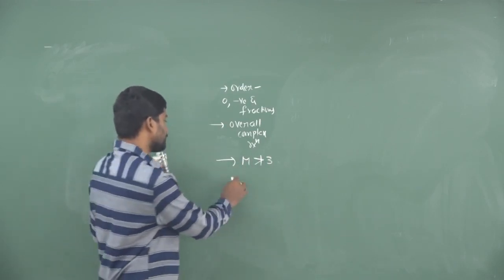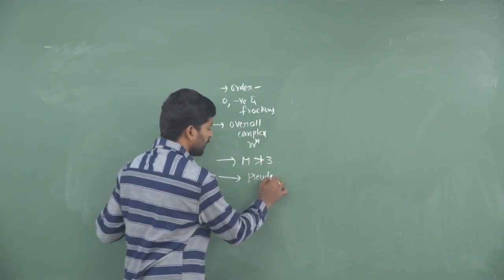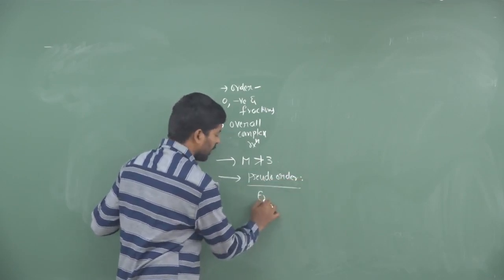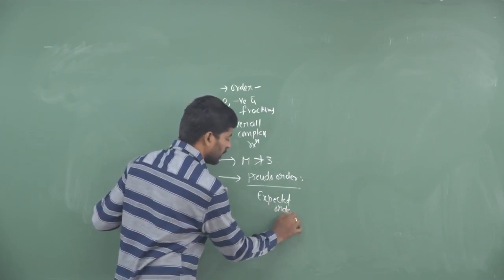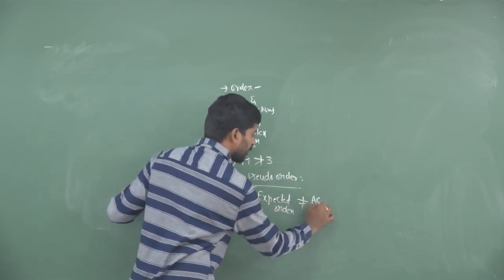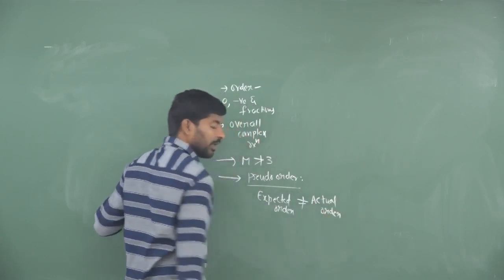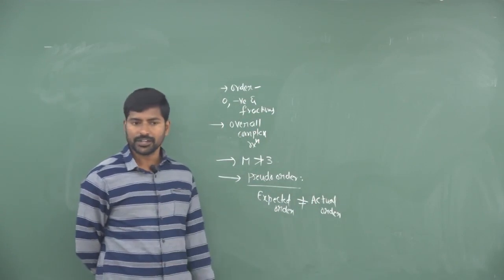And what are pseudo order reactions? In pseudo order reactions, the expected order is different from the actual order, or the expected rate equation is different from the actual rate equation. Such reactions are called pseudo order reactions. What are the examples?